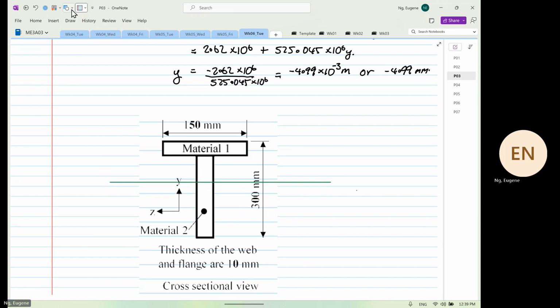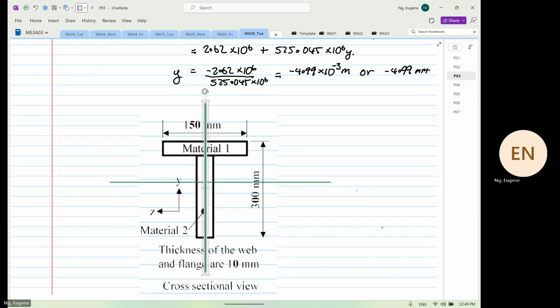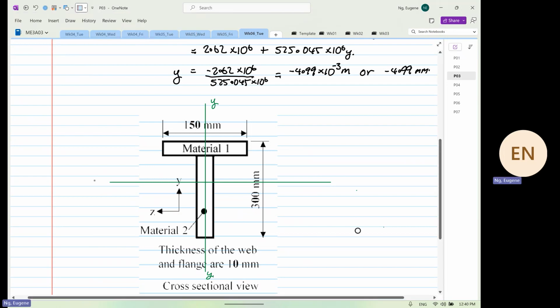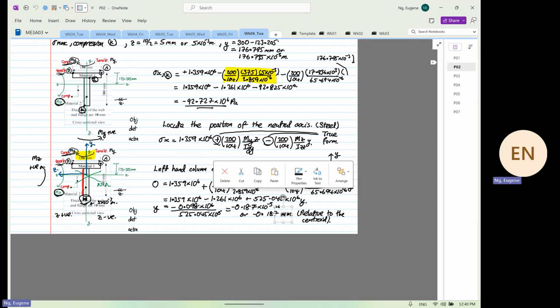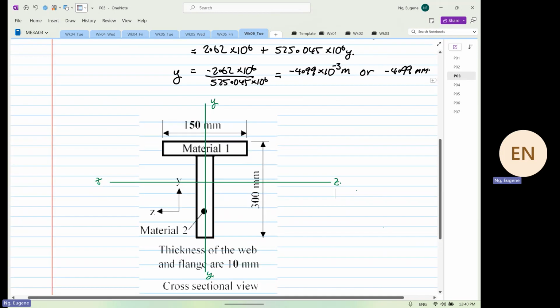Okay. And so this is our YY. And then this is our ZZ. Okay. So on one side, it is what? 0.186 millimeter on the left-hand side. So this is just a sketch.